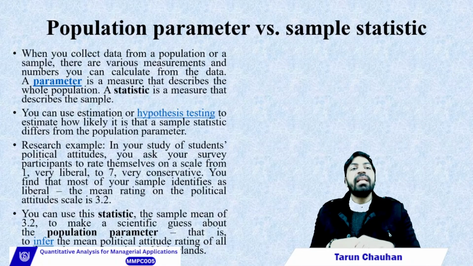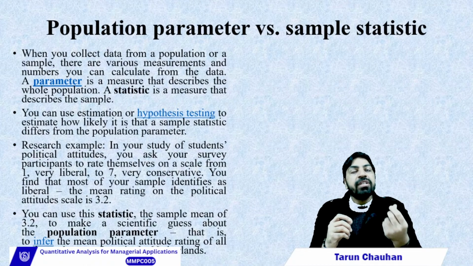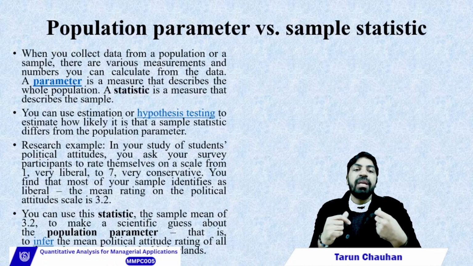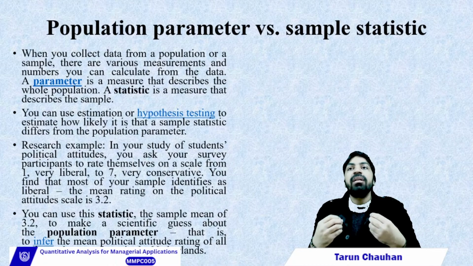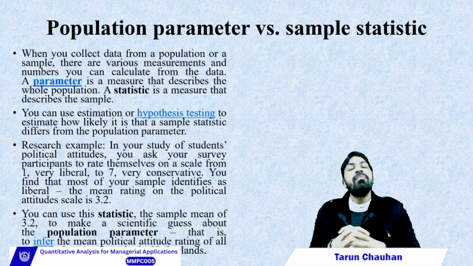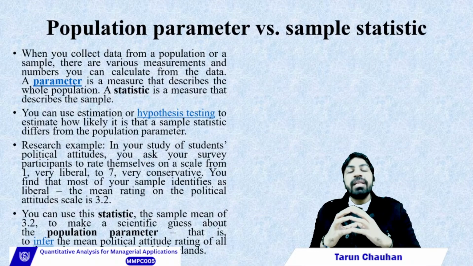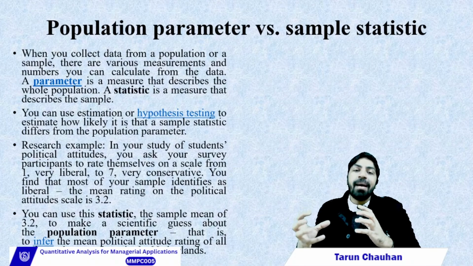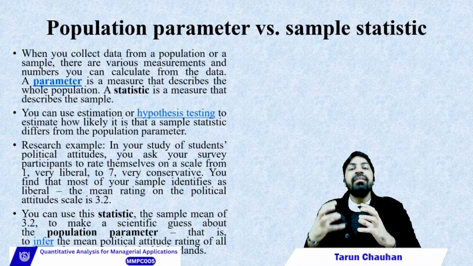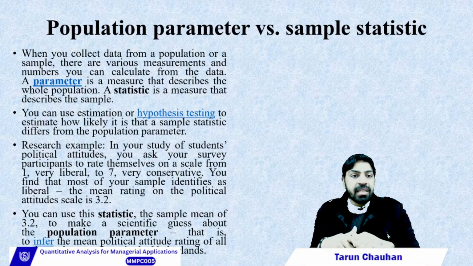When we talk about a parameter, it refers to a measurement that describes the whole population, and that is called a parameter. But a statistic also refers to a measurement, one that describes the sample. If we calculate the mean of 50 people or 50 samples, then it is a statistic.